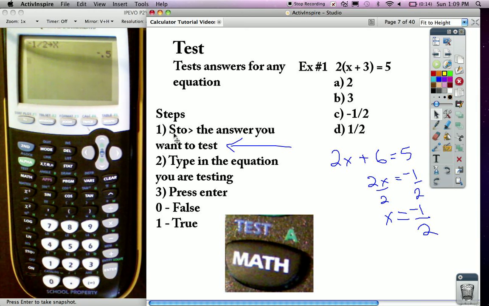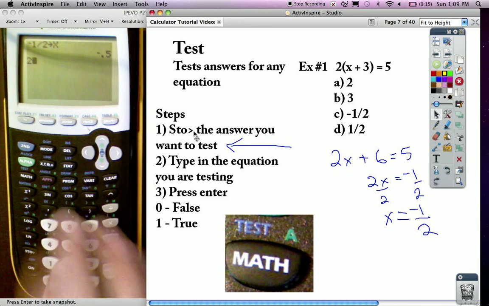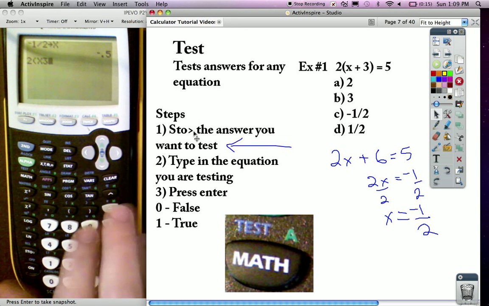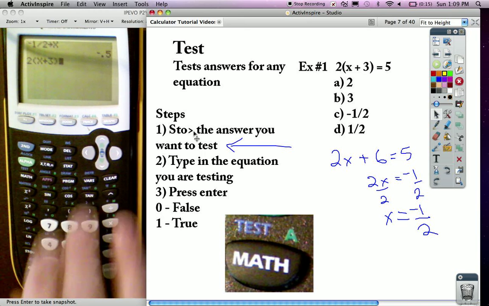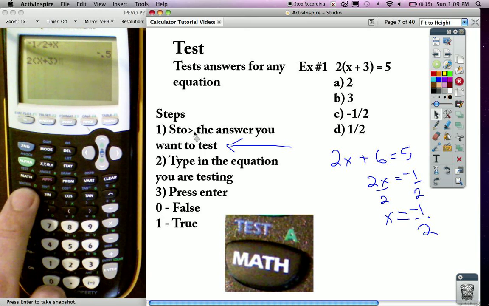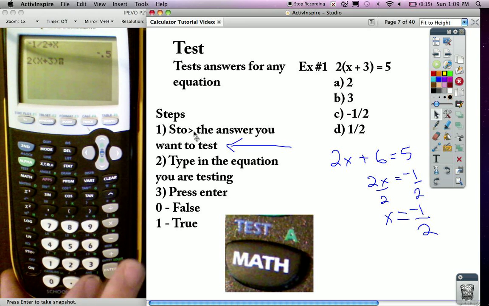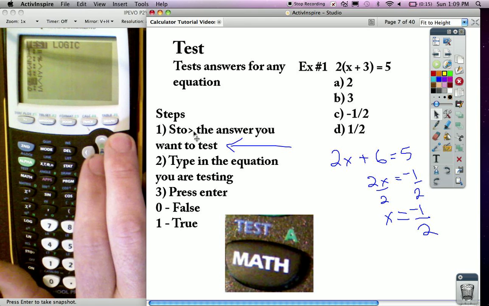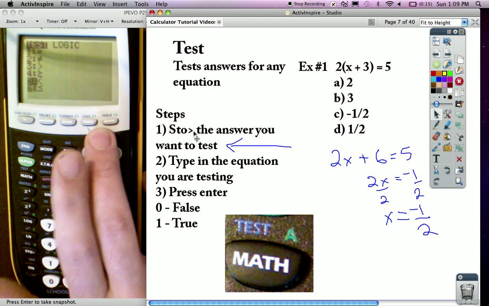Now I'm going to, instead of typing in 2 times the quantity x plus 3, and then finding out if it's 5, type the whole equation in. 2x plus 3, and now I hit the second test button. Alright, right over there. You see the test, and when it comes up, it's going to give me a list of all the different ways we can compare two expressions.